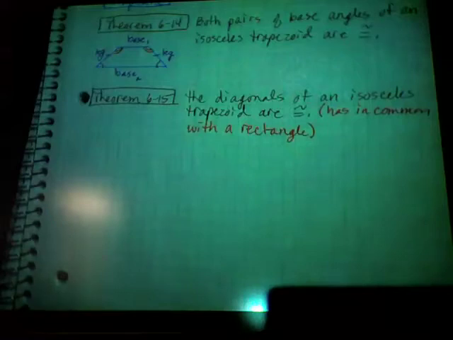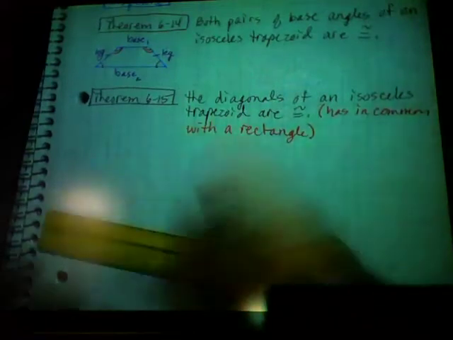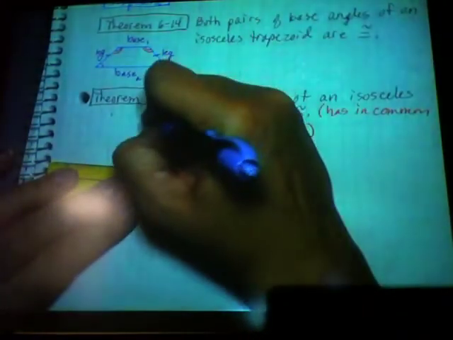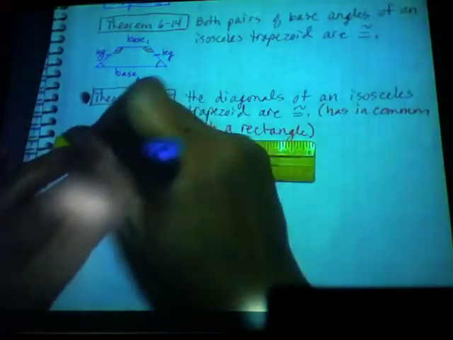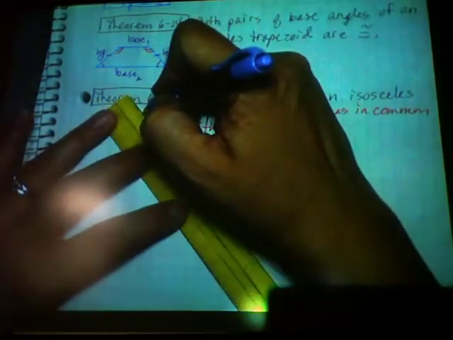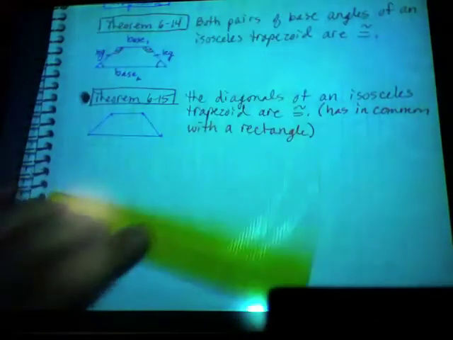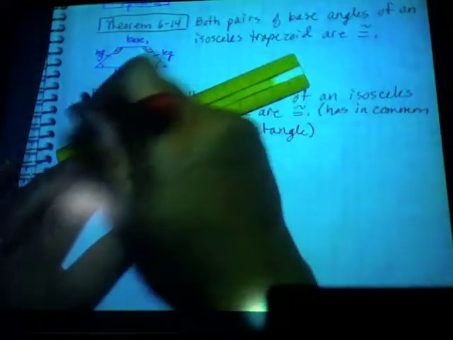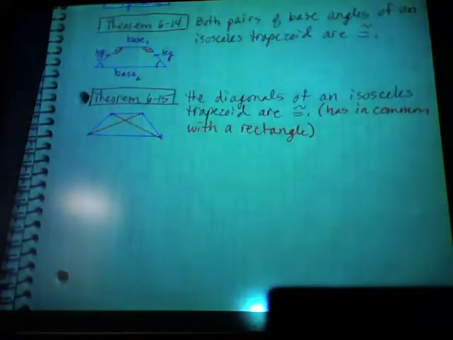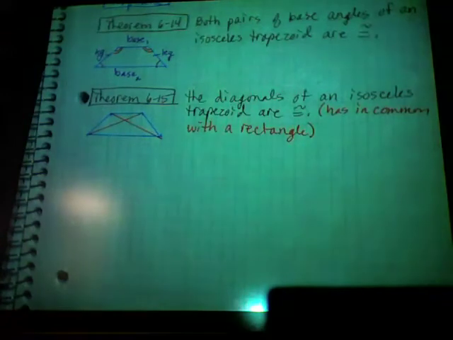And so that would look like the diagonals would go from here to there. Bless you. And here to there. Do the diagonals appear to bisect each other? No, but they are congruent.